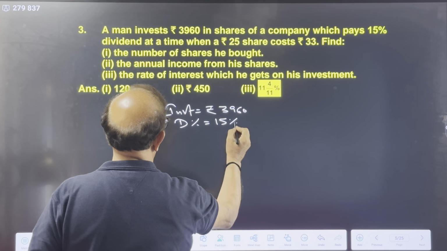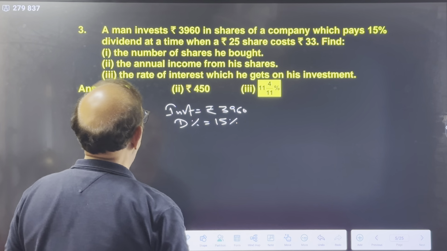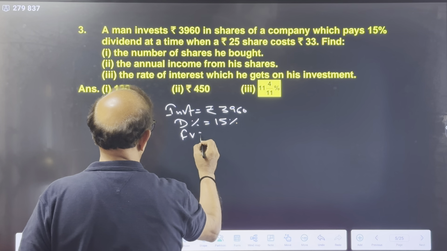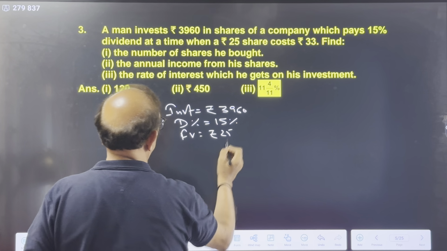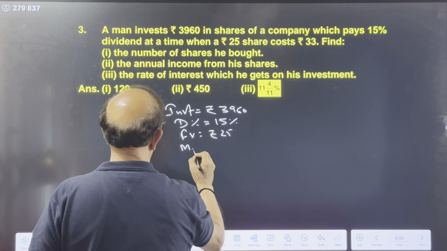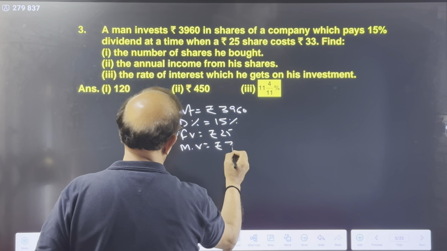D% is 15%. At the time when the rupees 25 share, it means this is face value. Rupees 25 share, which is a face value, costs rupees 33, meaning market value.